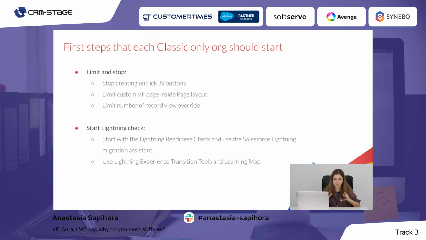And if a company has not started those steps, at least in new implementations, developers should consider the following. Stop creating onclick JavaScript buttons and limit Visualforce pages which are embedded in layouts, because those things will be harder to move to Lightning.